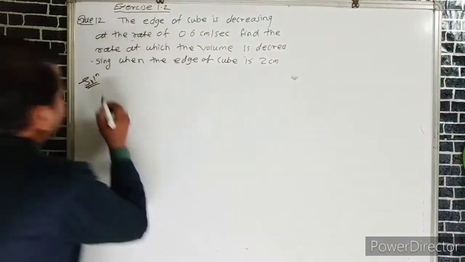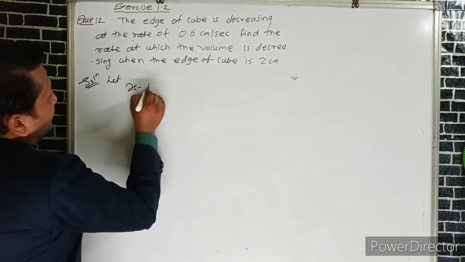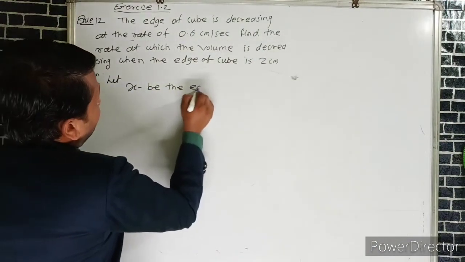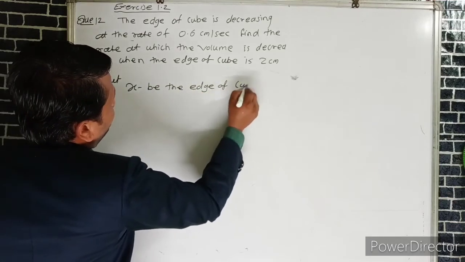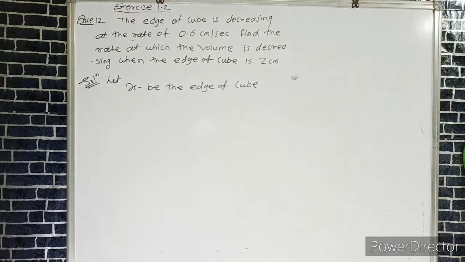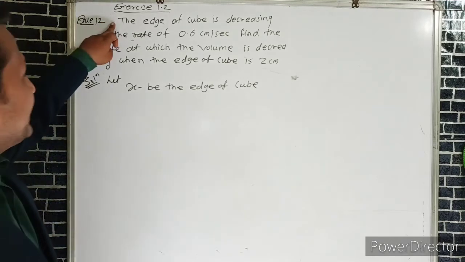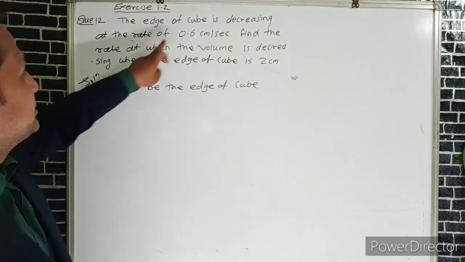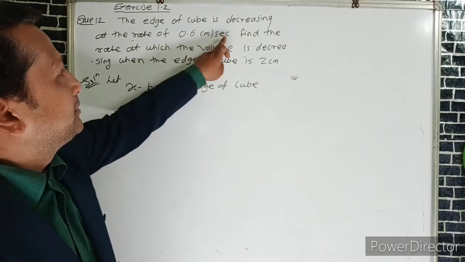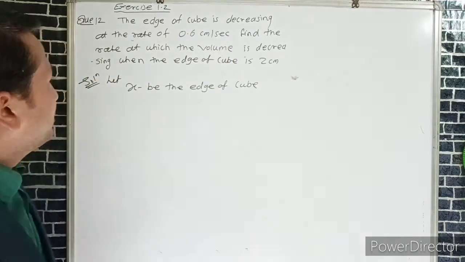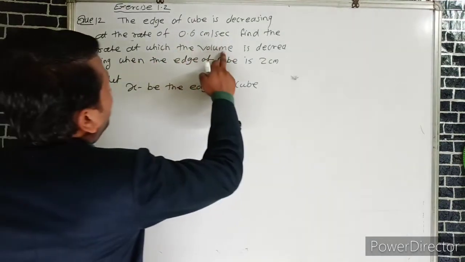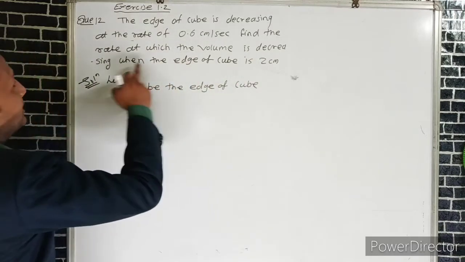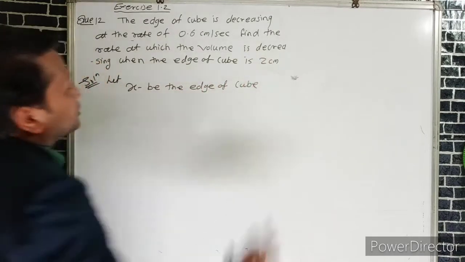So first we consider that let x be the edge of the cube. After that we can say that dx upon dt is minus 0.6 centimeter per second, which is the given part. So find the rate at which the volume is decreasing when the edge of the cube is 2 centimeter.